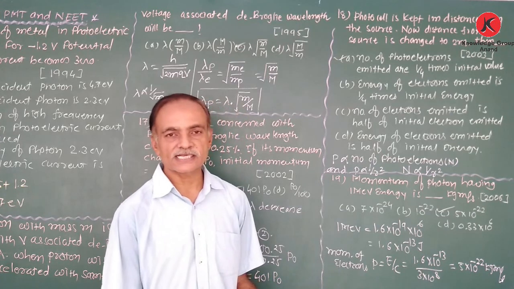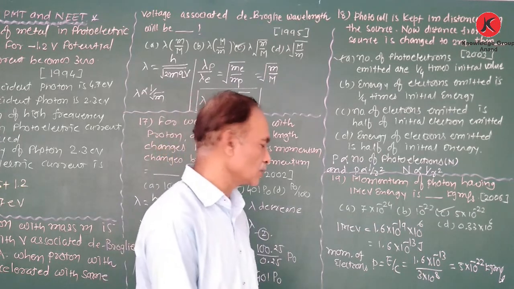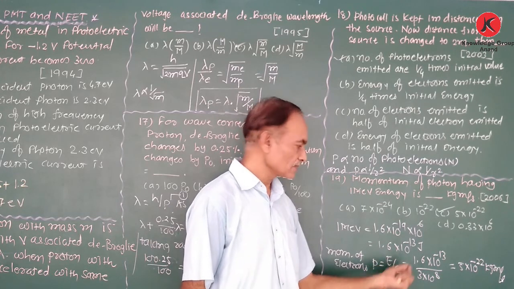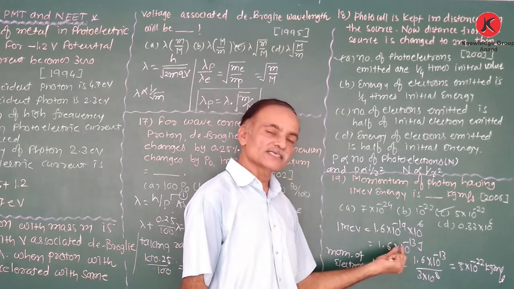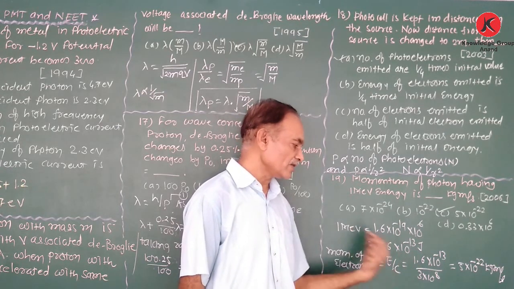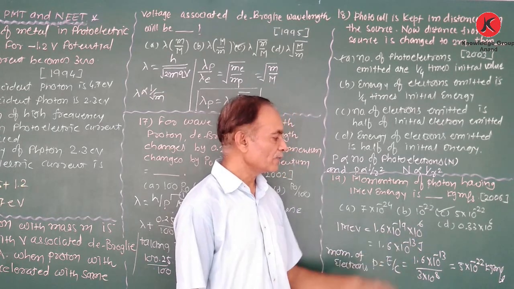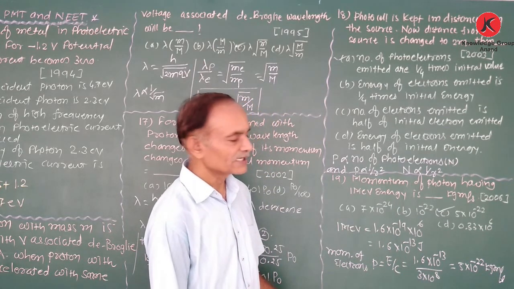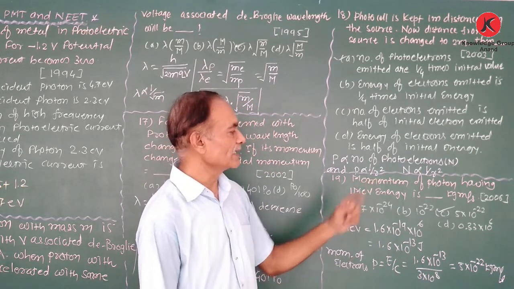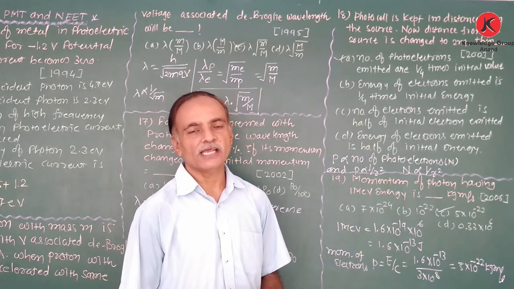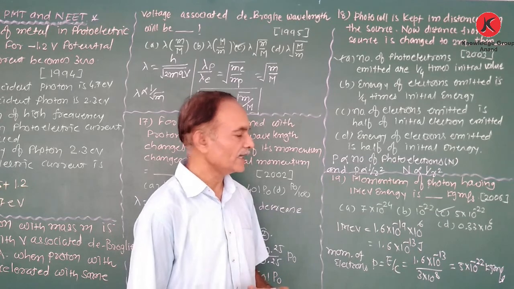Therefore 1.6 into 10 to the power minus 13 joule. Now the momentum of the photon P is equal to E by C. E we already have, 1.6 into 10 to the power minus 13 joule. C is the velocity of light in vacuum, 3 into 10 to the power 8. Therefore 5 into 10 to the power minus 22 kg meter per second is the momentum of the photon associated with 1 MeV energy.